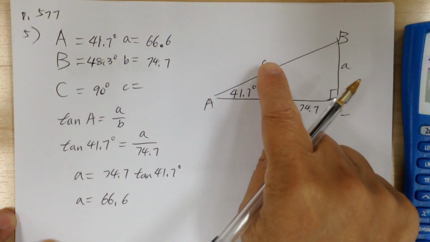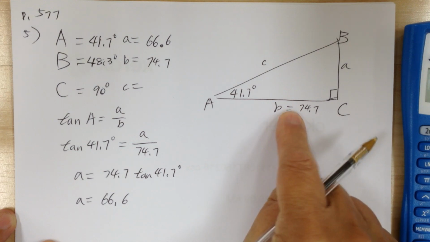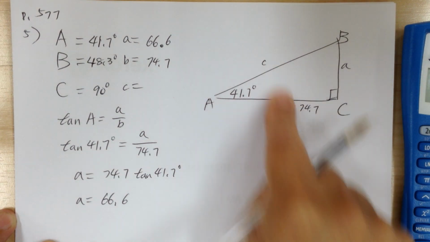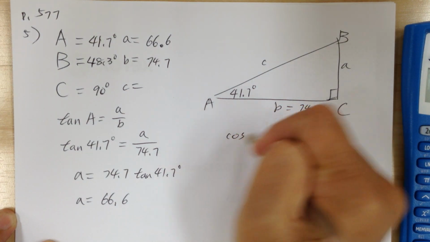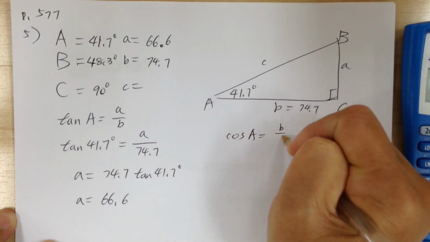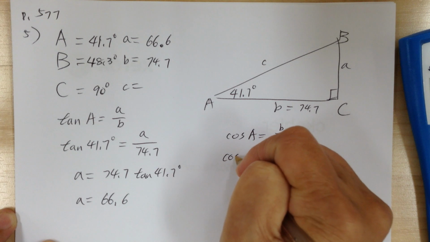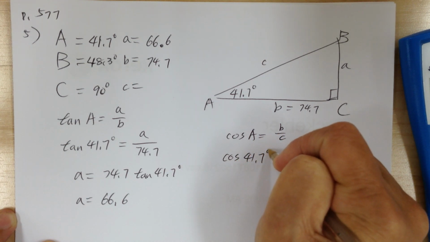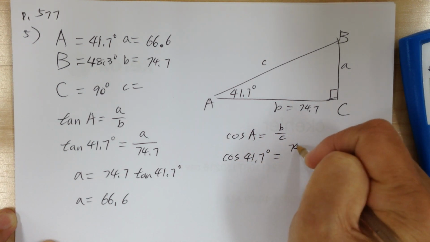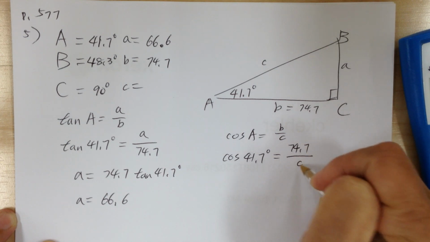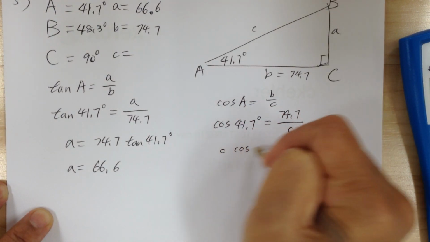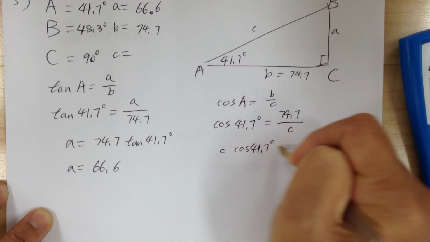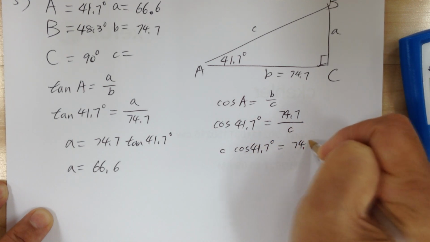Then to find the small c, this is what you're given, this is what you're looking for. The relationship between these would be your cosine. So cosine of A equals b over c. Cosine of 41.7 degrees equals 74.7 over c. Cross multiply, so c cosine of 41.7 degrees equals 74.7.